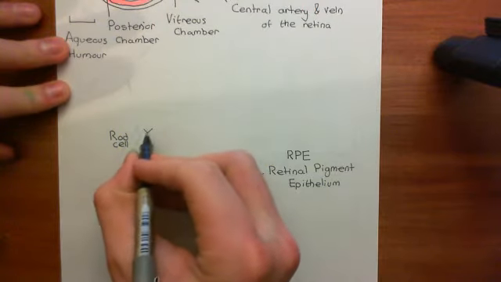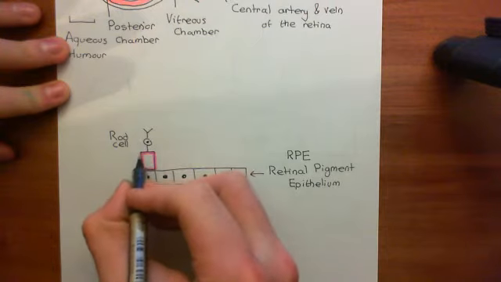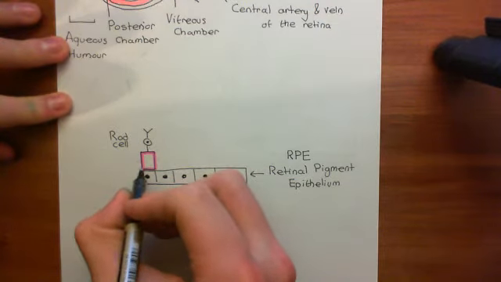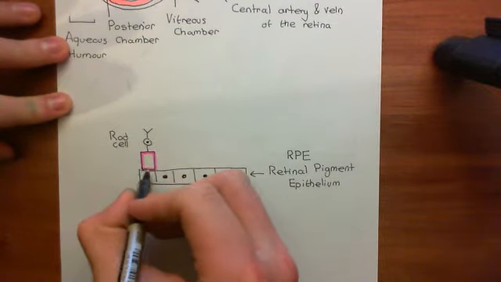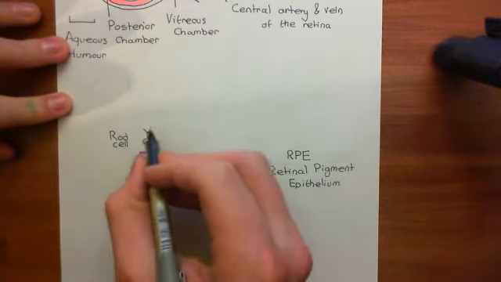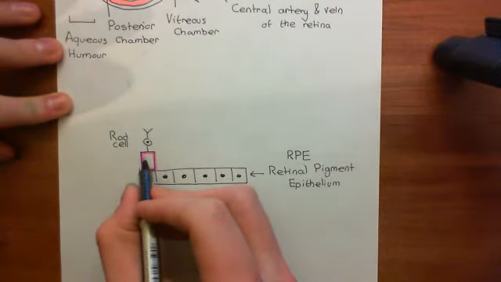One is an axon which will go and synapse to the next neuron along, and the other leads to the portion that is actually responsible for phototransduction. In the case of rod cells, this is in the shape of a rod here. This is the portion where light will actually be transduced into an electrical stimulus, basically, or an electrical signal.